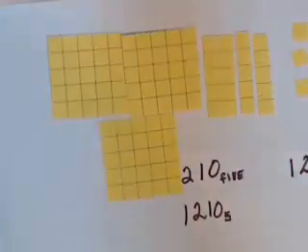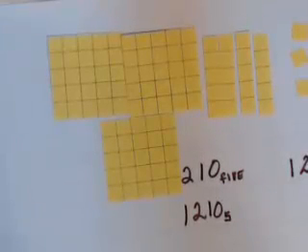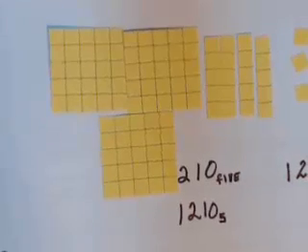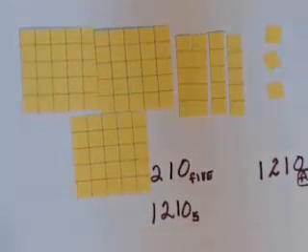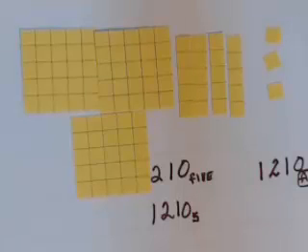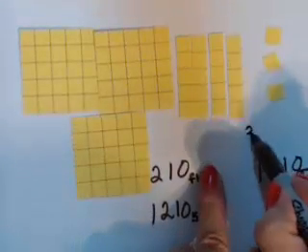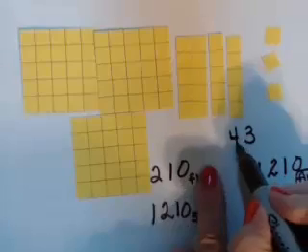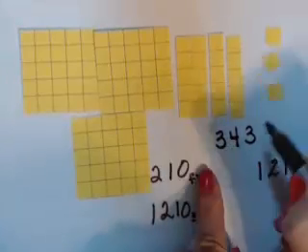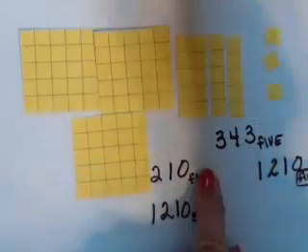So now you write that number in base 5. Okay, so you should have written 3 units, 4 longs, and 3 flats, base 5.